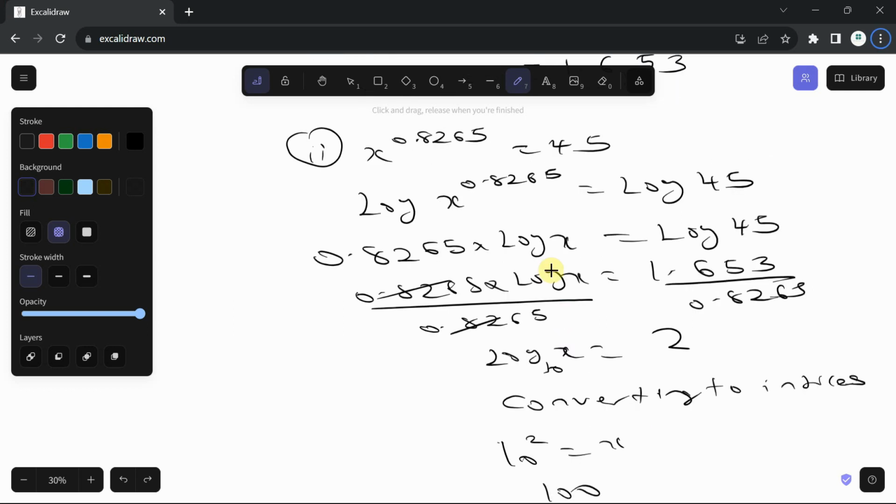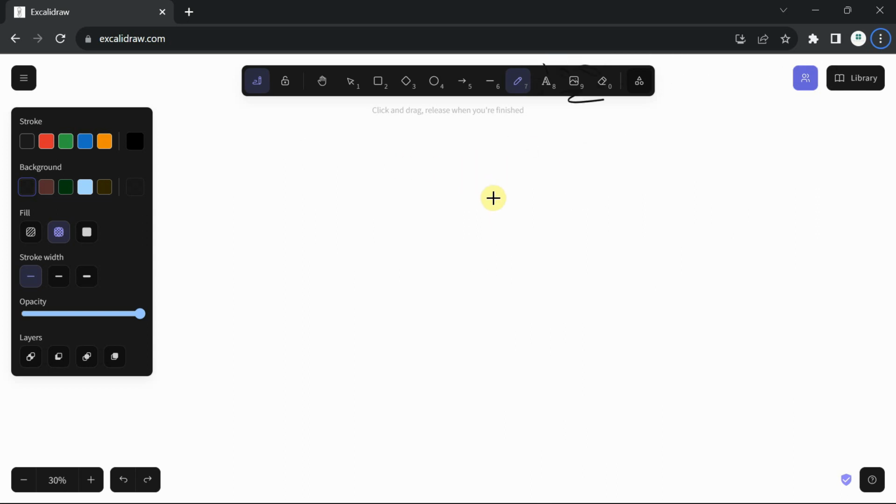So what did we just do? The only thing that we did that was a bit technical here was that we took the log of both sides. And that is very possible. Let me just do a small example. If you know x squared is equal to 25, we want to find what x is. We can take the log and say log x squared equals log 25. So I'll bring this 2 down.